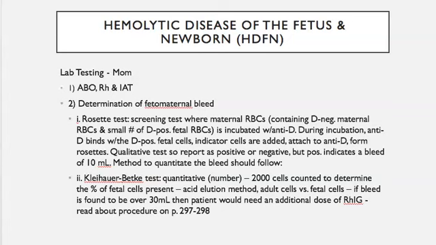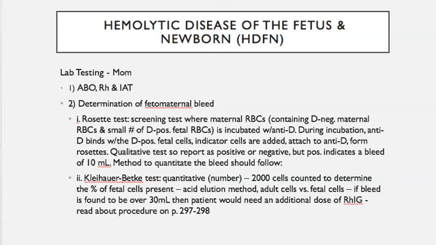So this is a qualitative test. We just report it out as positive or negative, but a positive result indicates a bleed of at least 10 mLs. And again, we're looking for those rosettes under the microscope.